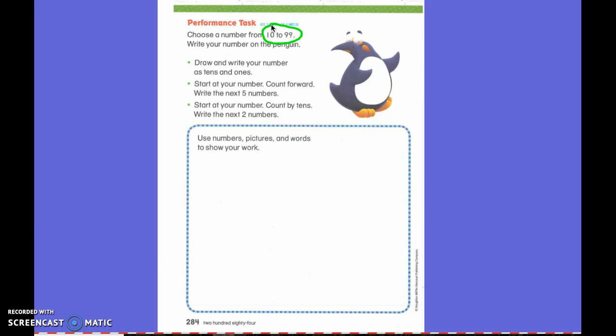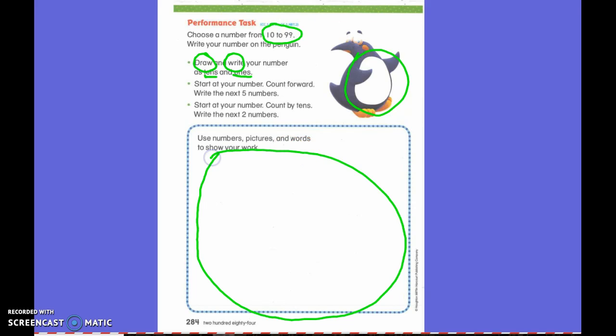No, I cannot. It says to write the number in the penguin. So whatever number you choose, write your number in the penguin. Please do that now. It says to draw and write your number using tens and ones. So I want you to right now draw and write your number down here. You cannot choose a new number. It has to be the number that you wrote in your penguin.